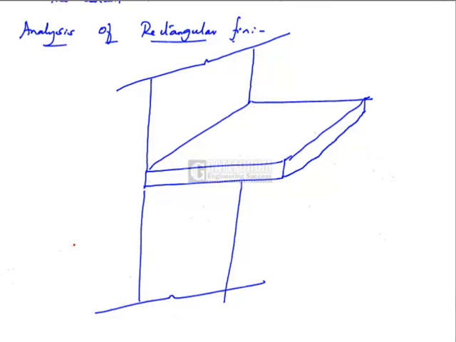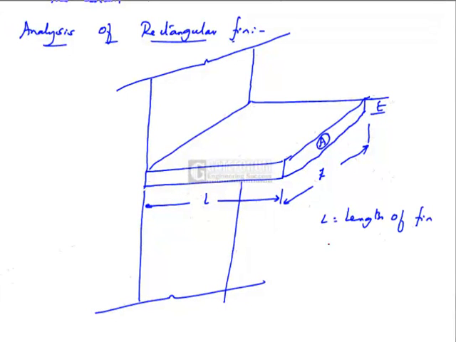Now consider a rectangular fin of profile area A. The dimensions of the fin are L, Z, and T, where L is the length of fin, Z is width of fin, T is thickness of fin.